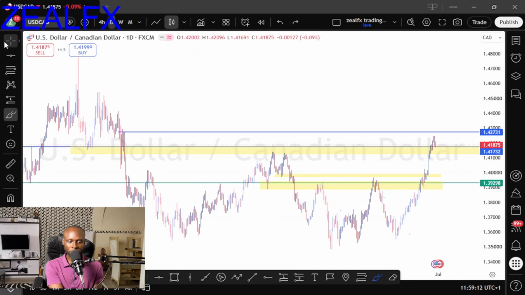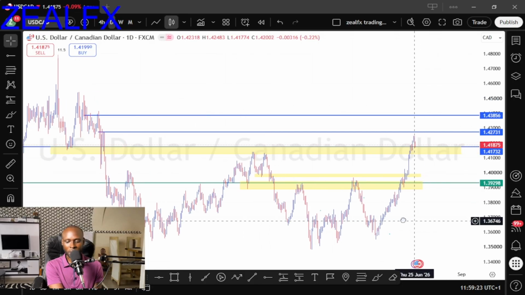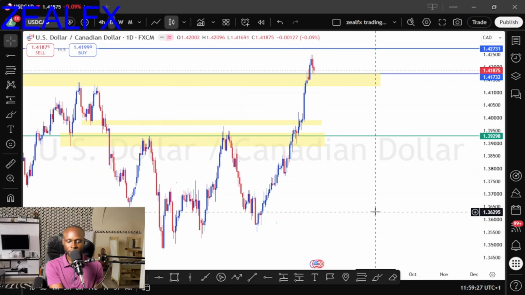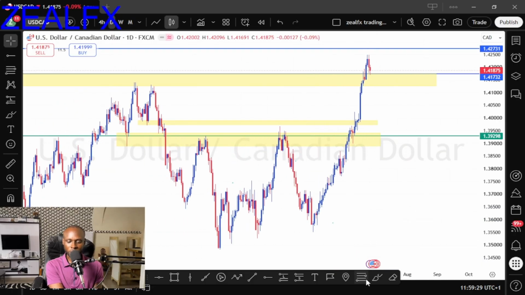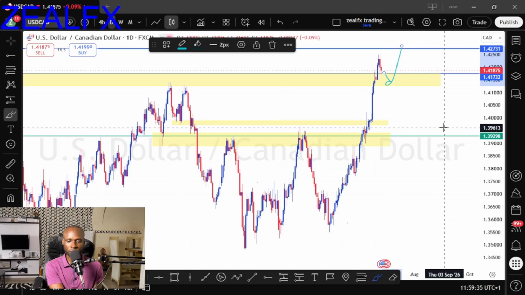So what are the levels we're expecting price to retest before we start looking for a possible buying opportunity on the USD CAD? For this week, we have two targets for the buying opportunity, but we need price to react to our area of interest. We expect price to retest our area of interest, then we'll start looking for a possible buying opportunity to the top for the USD CAD.